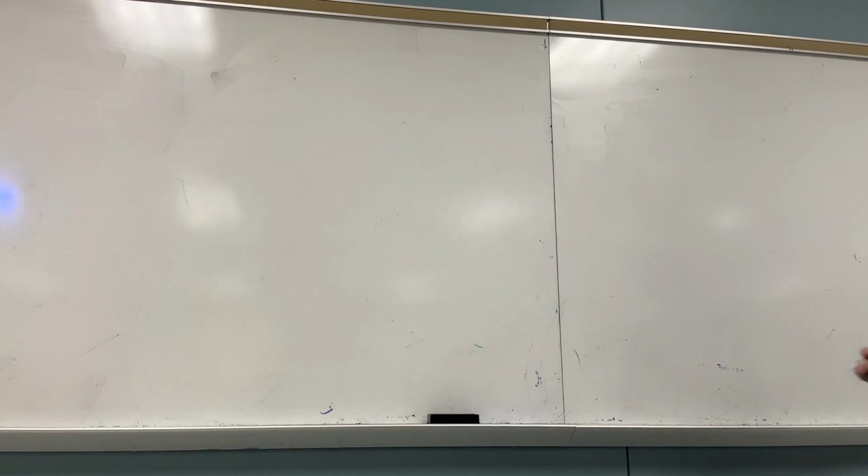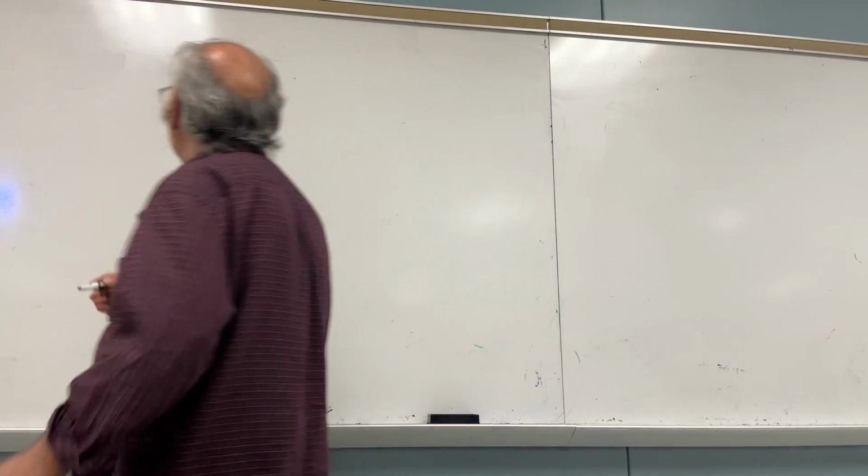There is no feedback. Whereas in sequential logic, there is feedback, which means the output at the present depends on the input and past values of the output. That's called sequential logic. But first we need to wrap up the material on combinational logic.